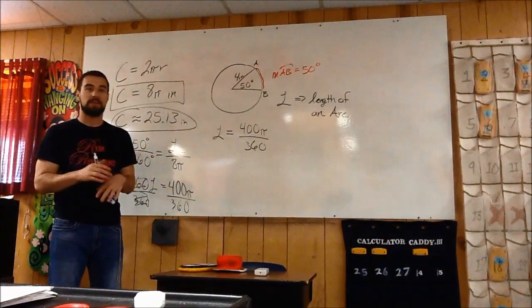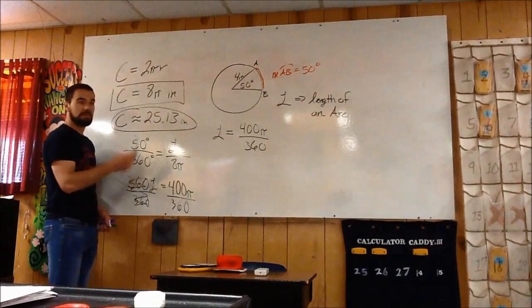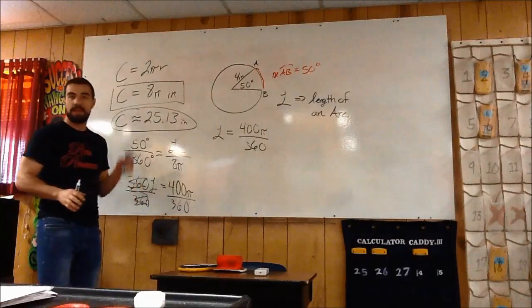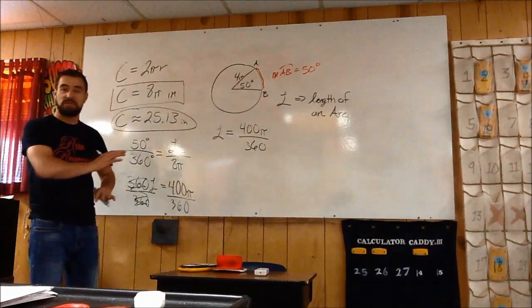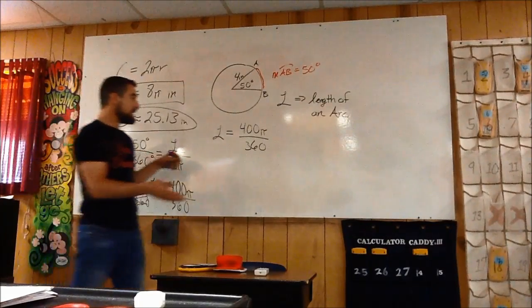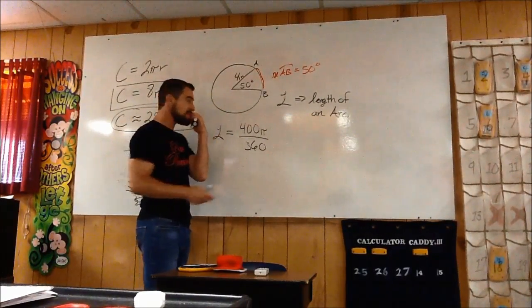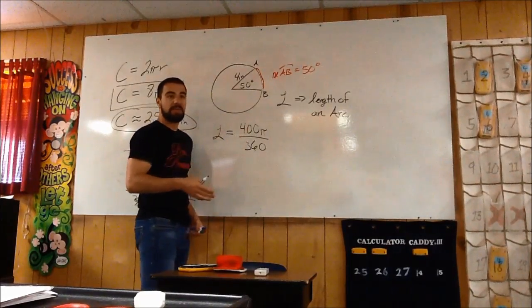None at all. Maybe you needed help with 50 times 2 times 4 and you got 400. But other than that, you should not have touched your calculator at all. The arc length is this value. It is 400 pi divided by 360 degrees.